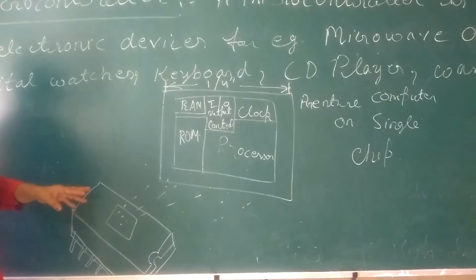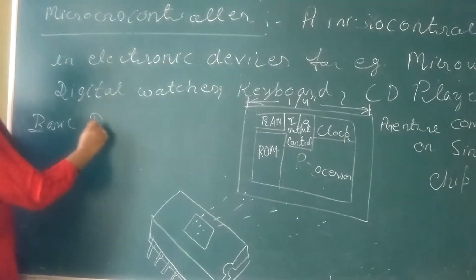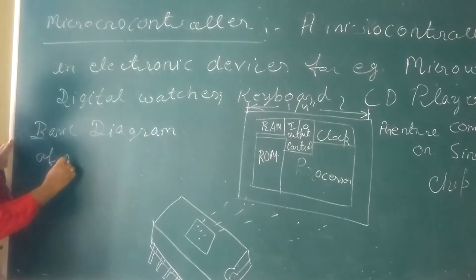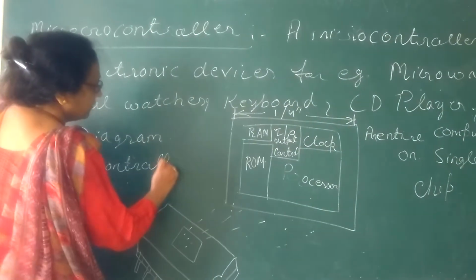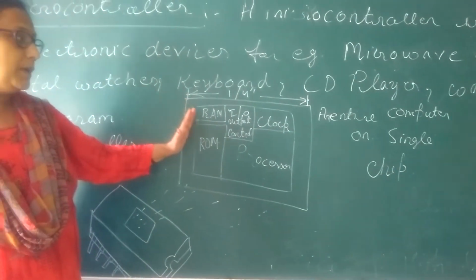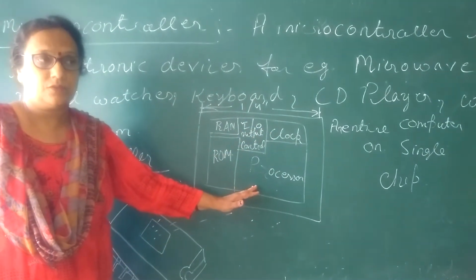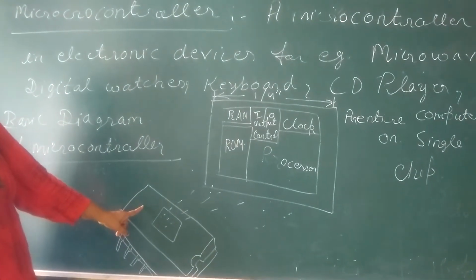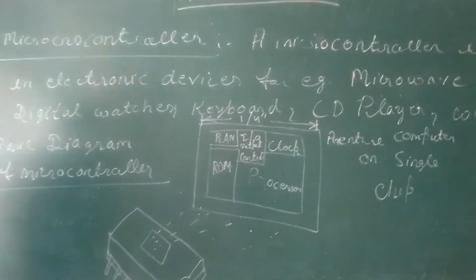So this is the basic diagram of microcontroller, and by this diagram we can understand how a chip controls all functions: memory function, input output function, clock function and processor function. All functions are controlled by this chip, and this chip is known as the microcontroller. This is the basic idea of the microcontroller.